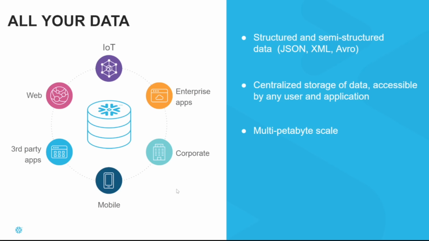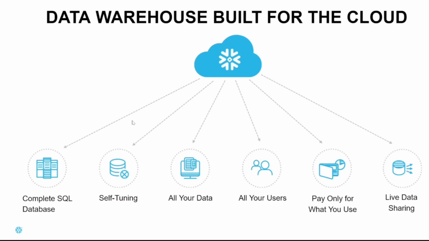The third is all your data. You can store any type of data which your organization has, whether structured, unstructured, or semi-structured, coming from different data sources. All your data can be stored in your Snowflake account. The fourth one is all your users.